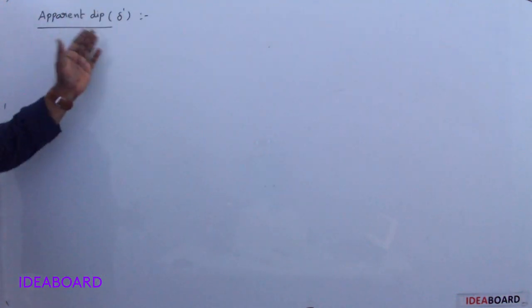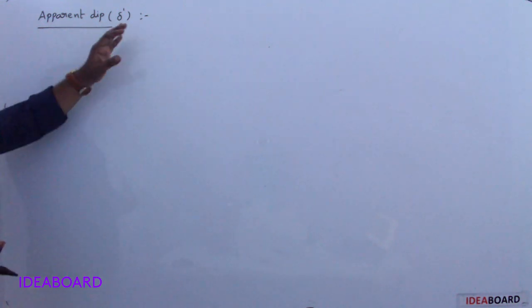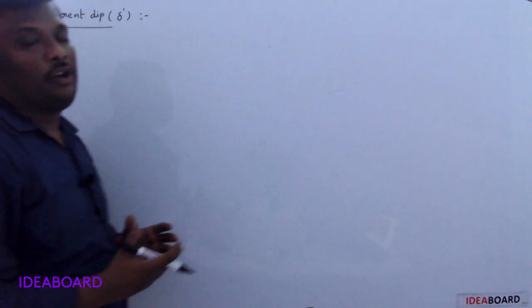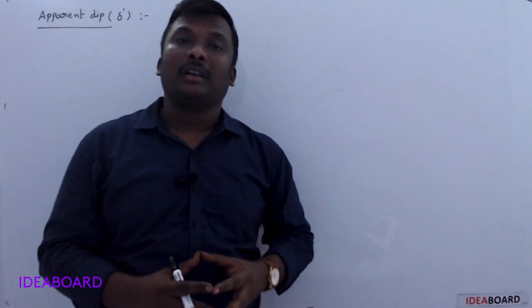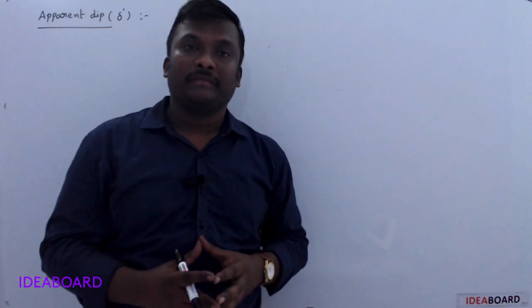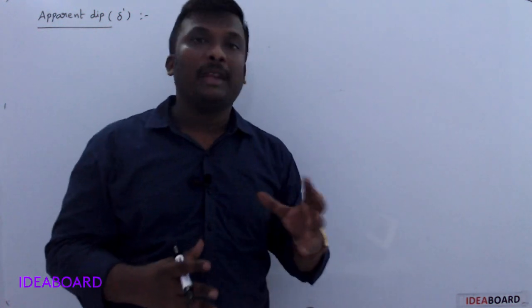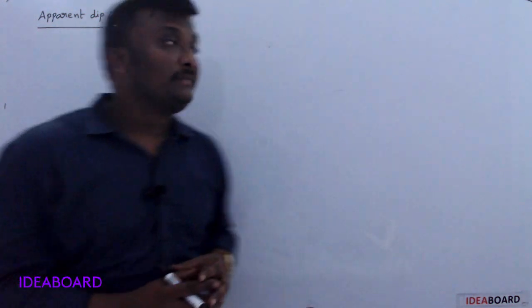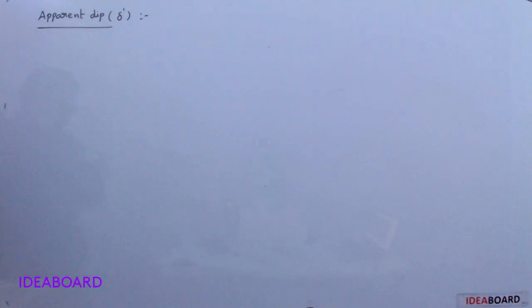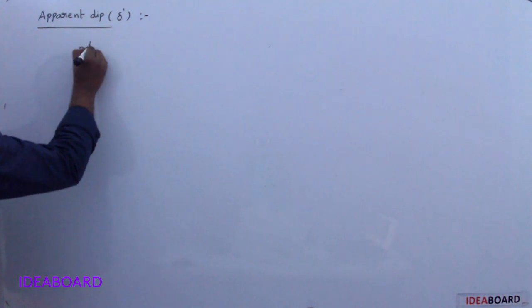The next one is apparent dip. It is denoted by delta dash. Based on this concept, some numericals have come in previous competitive examinations. That's why we are discussing this concept. Very important, listen very carefully. Suppose the dip circle is not kept in the magnetic meridian plane.